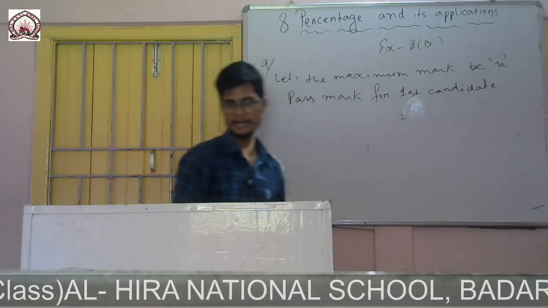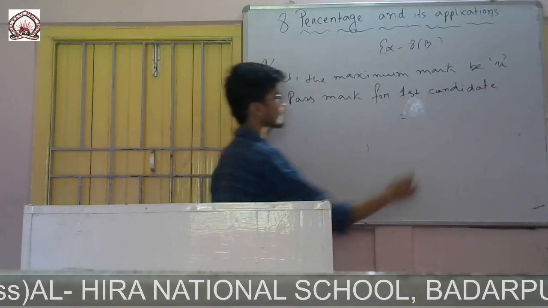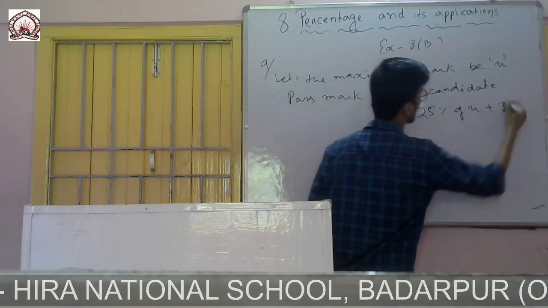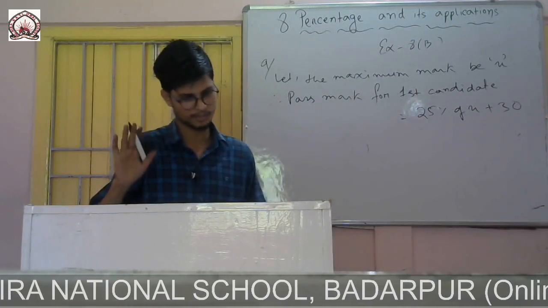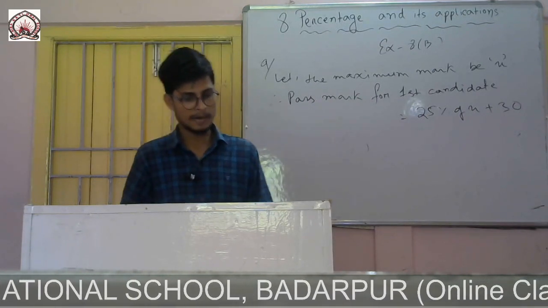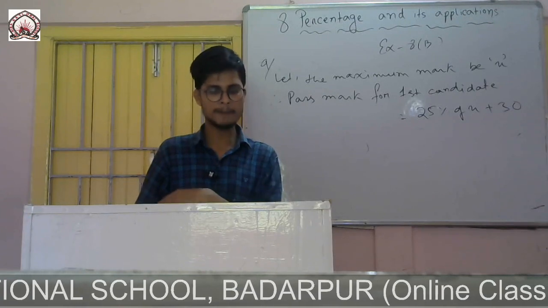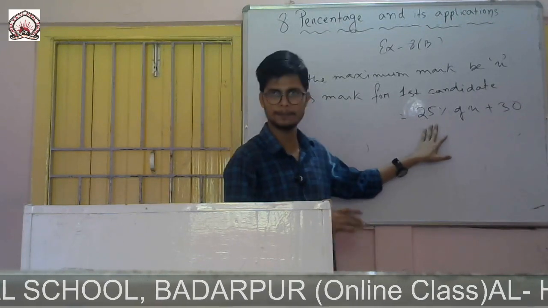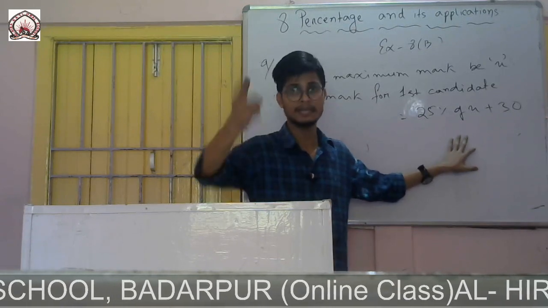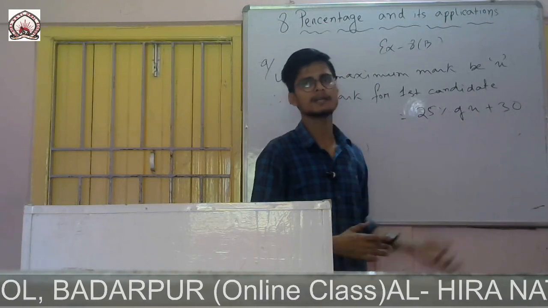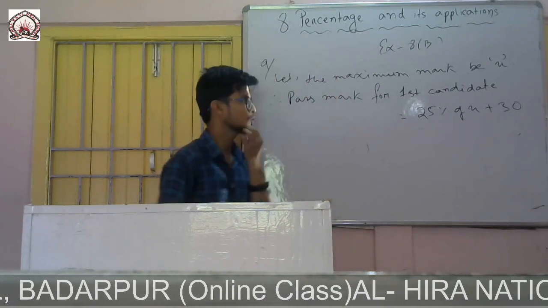For first candidate, it is 25% of x plus 30. So why I wrote plus 30? You see in the question, it is given that the candidate secured 25% marks in an examination and failed by 30 marks. So candidate secured how much mark? 25% mark and failed by how much mark? 30 marks. That means if I add 30, then I will get the pass mark for that student.